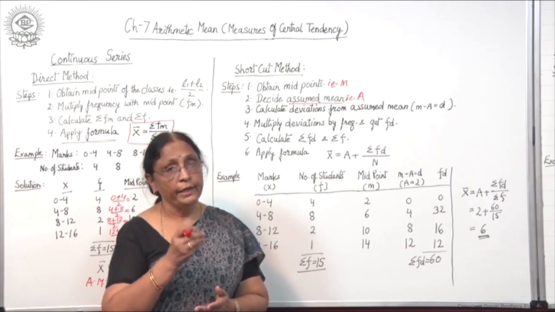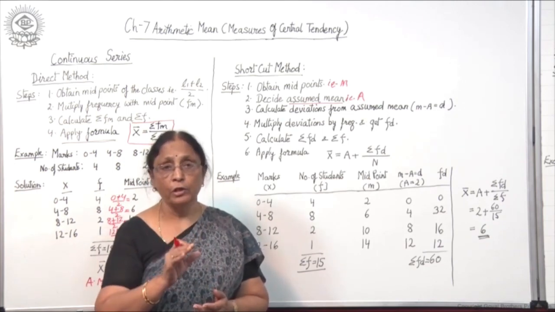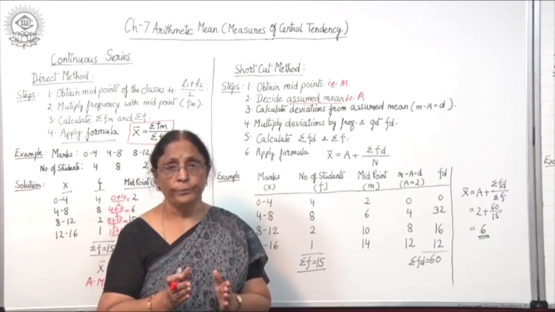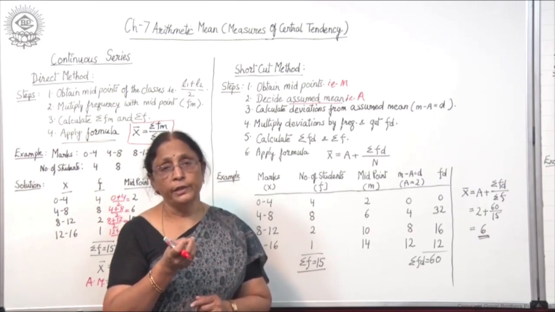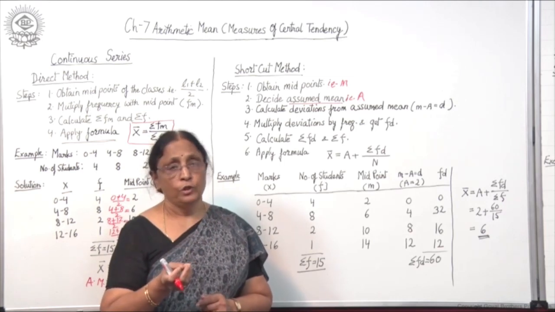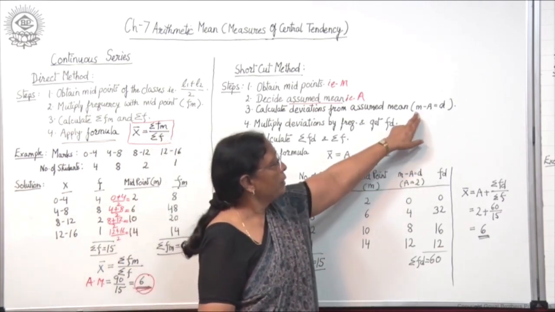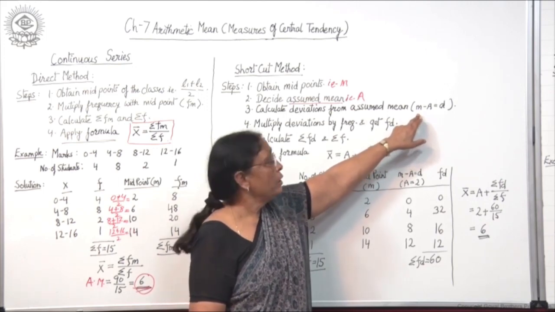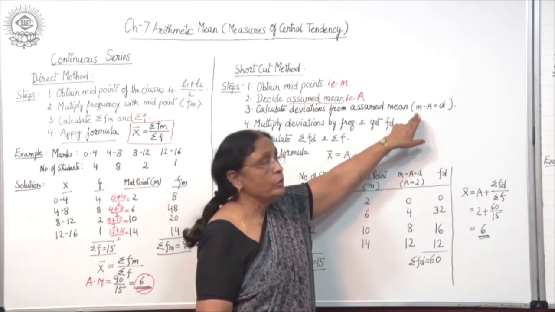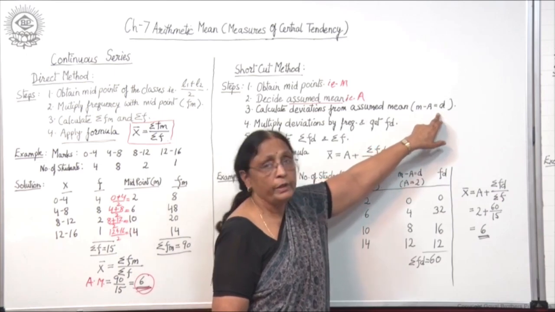So instead of writing x, we have taken the midpoints of the x column because they are class intervals, and in a class interval you cannot take any particular figure unless you take the midpoint. So instead of x minus A, you will write M minus A, and this will be D.